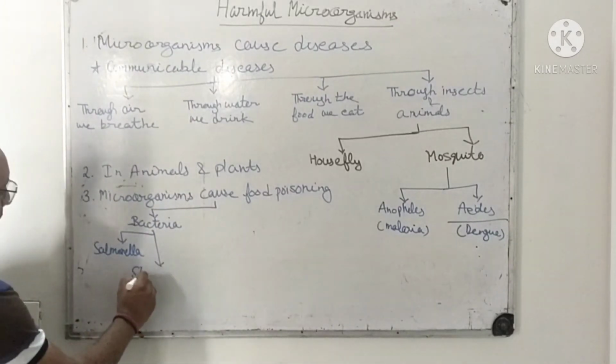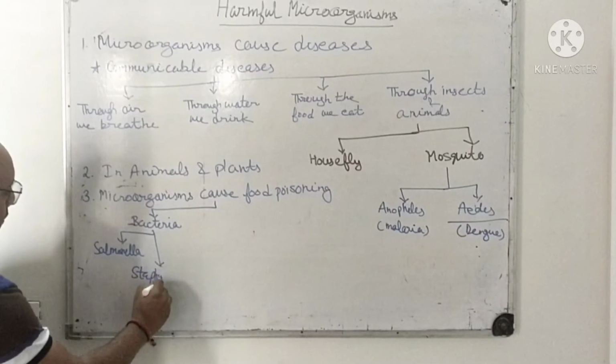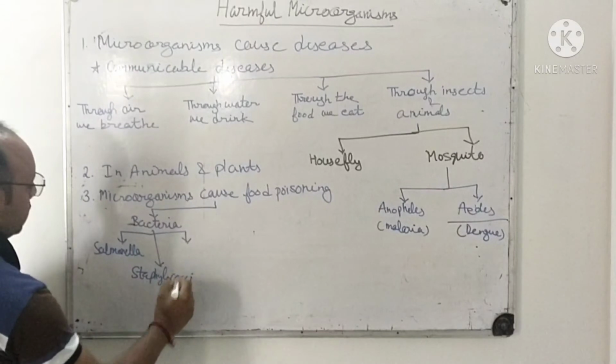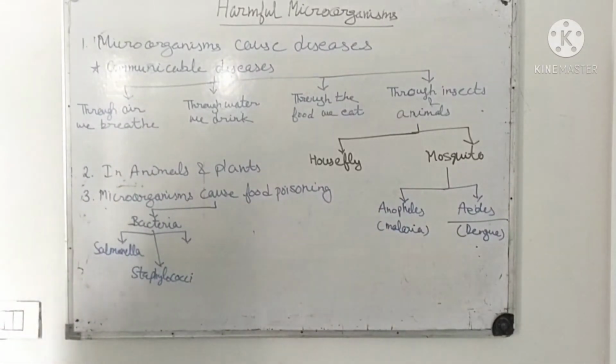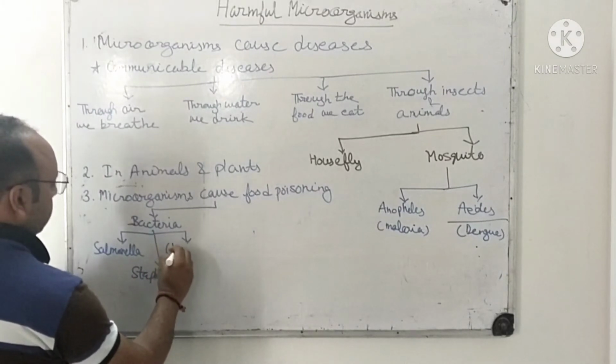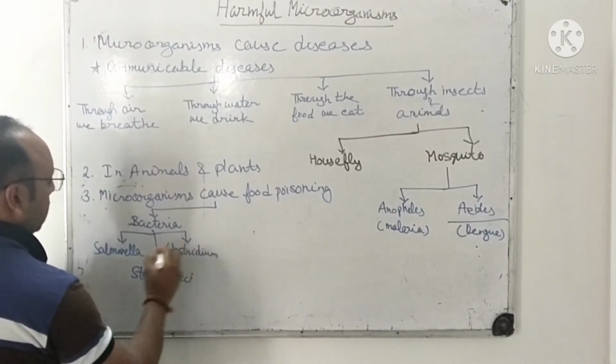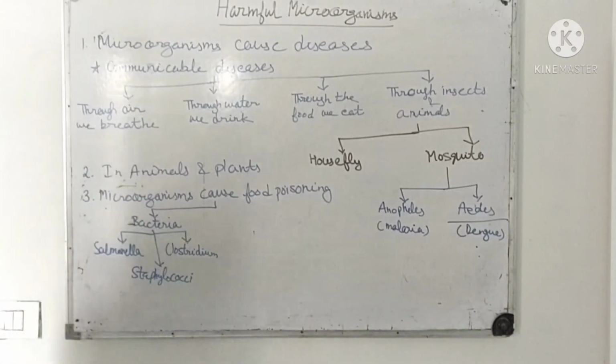Next is Staphylococci, also a bacteria responsible for this. Next is Clostridium. These are the three bacteria which are responsible for food poisoning.